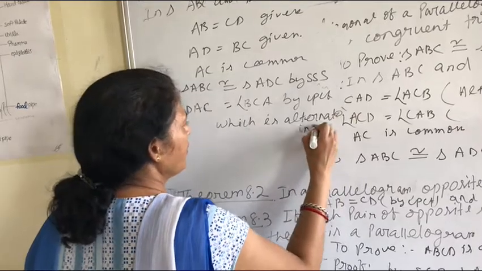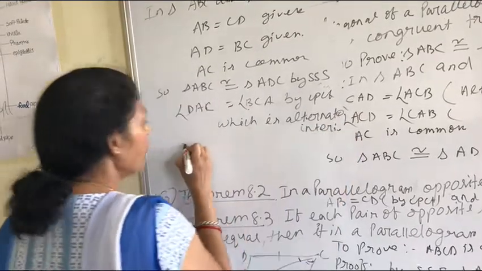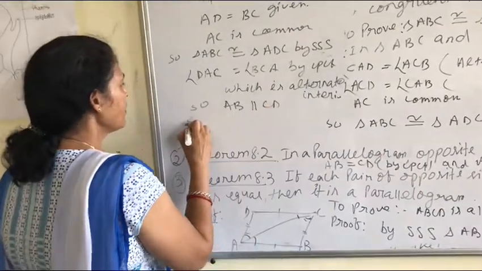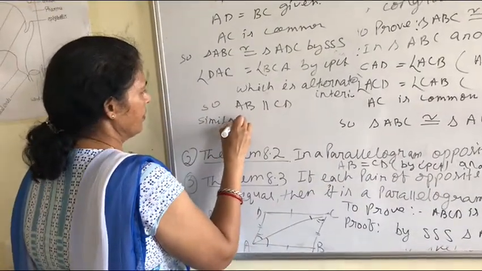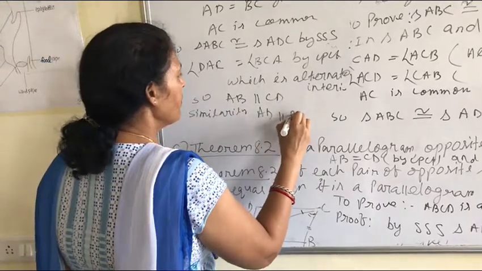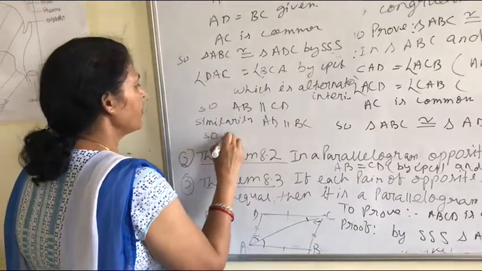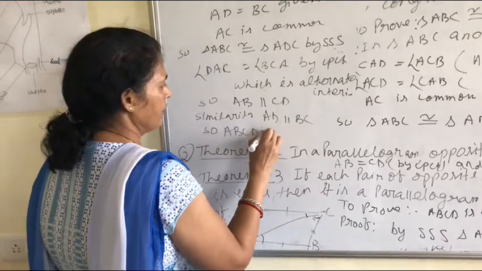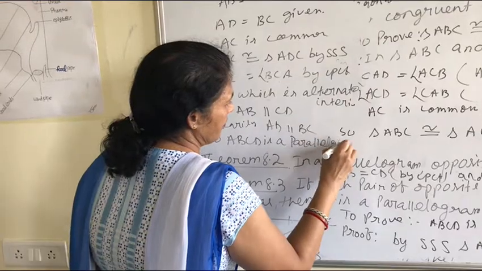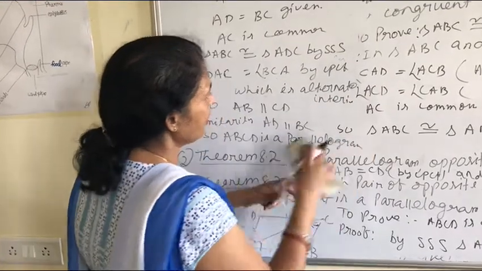So AB is parallel to CD. Similarly, AD is parallel to BC. So ABCD is a parallelogram. Clear?